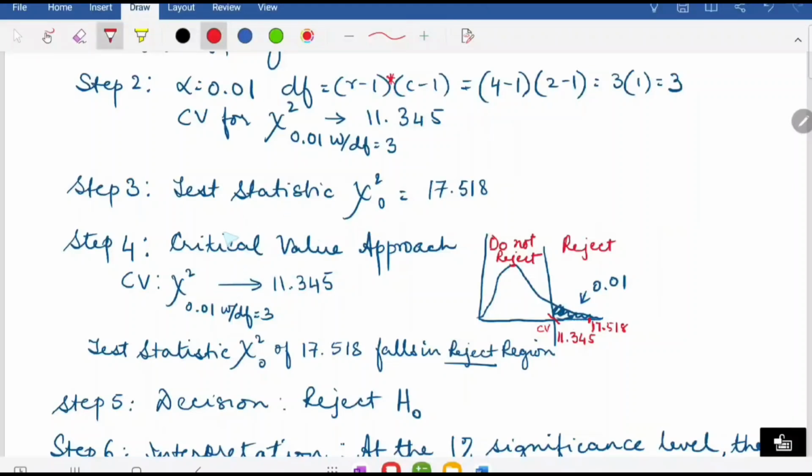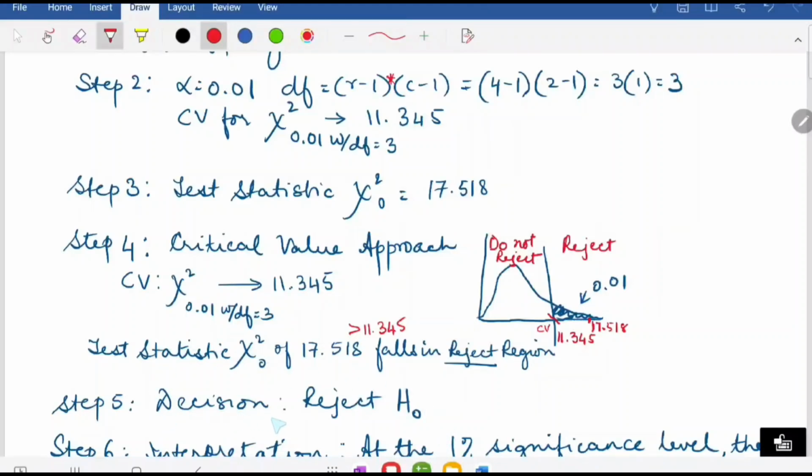So for step 4, you have to show all this work. You have to draw your diagram, label it correctly, show where your critical value is, show where your test statistic falls, and then please include this sentence as well, that test statistic chi-squared of 17.518 is greater than 11.345, which is our critical value, and it falls in the reject region.